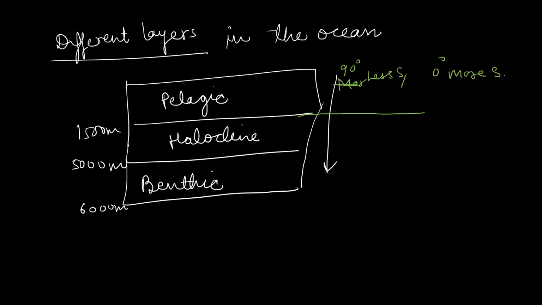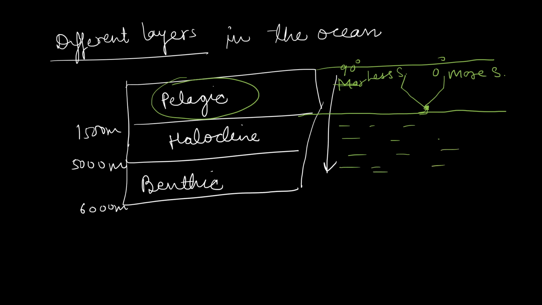But later on it reduces, and ultimately it becomes homogeneous. So only in the pelagic layer are we going to see variation. But going to the halocline or the benthic layer, it will be homogeneous. This is how the various layers are present, and the layer of difference, if we are going to select, is only pelagic. Salinity in the deeper parts is always the same.